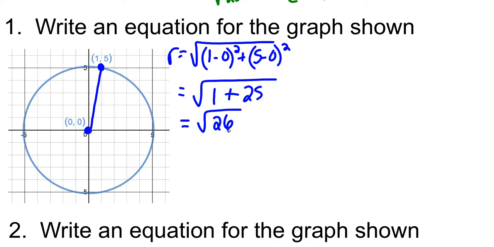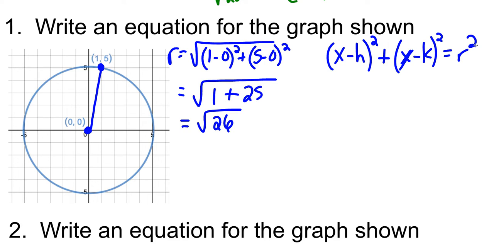So to write the equation of the circle, remember using that formula above, the equation of a circle is (x minus h) squared plus, that's supposed to be a y, (y minus k) squared equals r squared. So I'm going to plug in what I know. Here's my h, here's my k, here's my r.